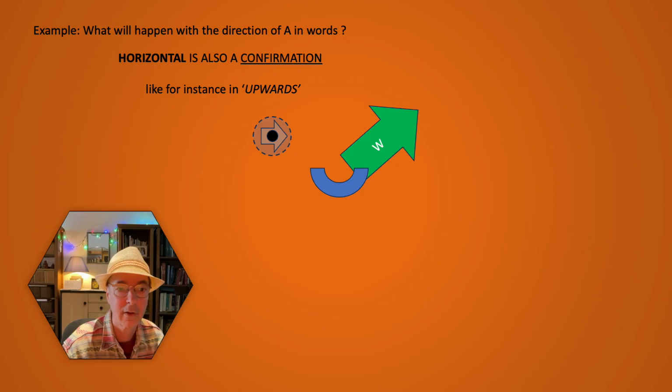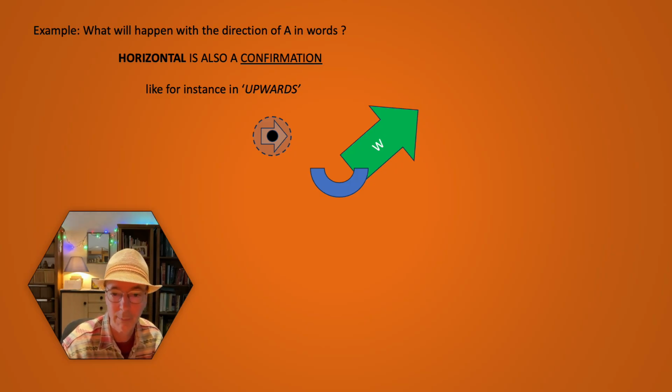It is for instance, in a word like upwards, the horizontal position. The horizontal can also be associated with a confirmation, so it just follows what is already going on, and it continues to go on, just like in A you had it in the background. It's always going on. It has a continuation, and that continuation is horizontal.